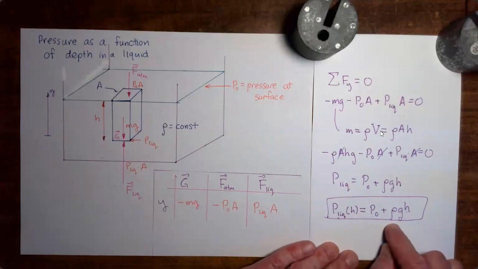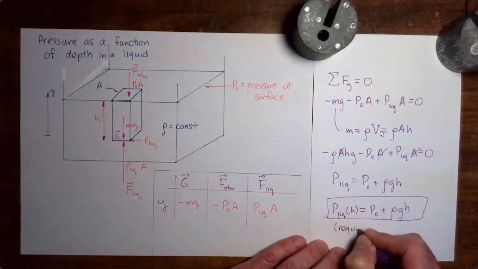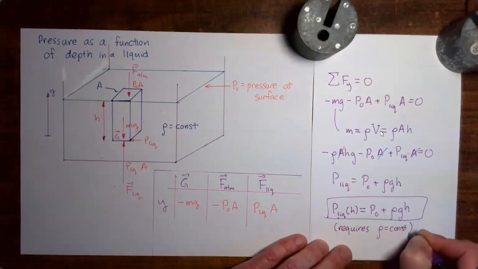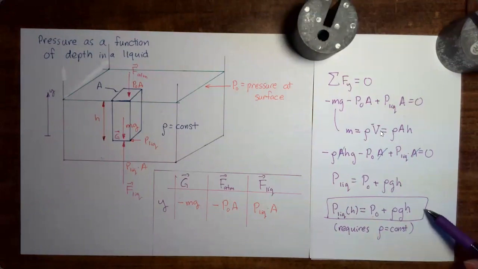Notice that this expression only works if we assume that the density of the liquid is constant. However, this is generally a pretty good assumption. And in this class, any liquid we look at, we're going to assume that the density is constant. So in the next video, we're going to do an example problem which uses this formula.